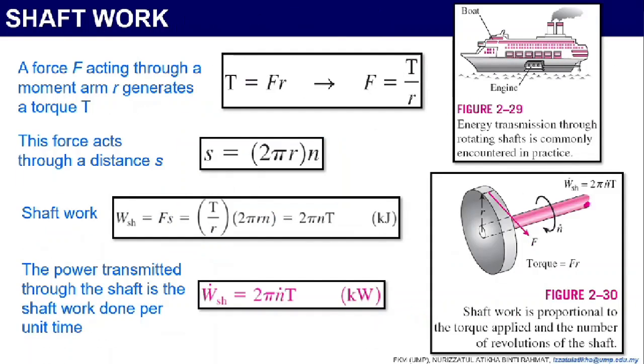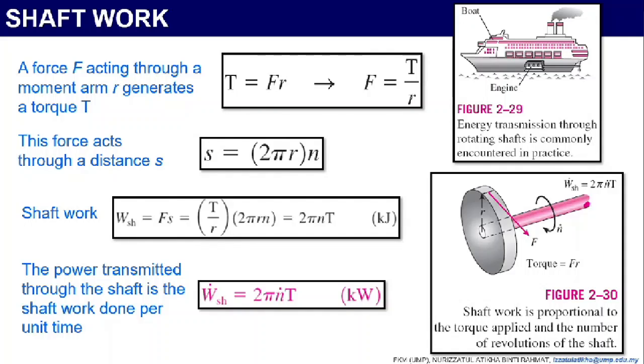Here I already summarized the equations for shaft work. Okay, first equation regarding torque. A force F acting through a moment arm r generates a torque. This force acts through a distance s equal to 2 pi r n, and we just substitute this equation into this equation and we will get the shaft work.